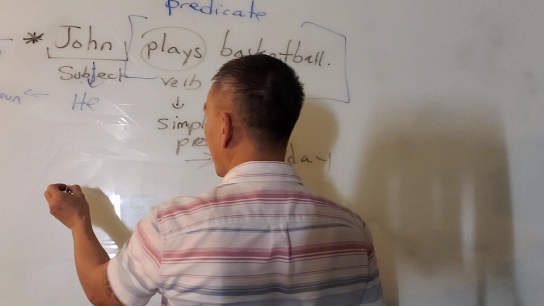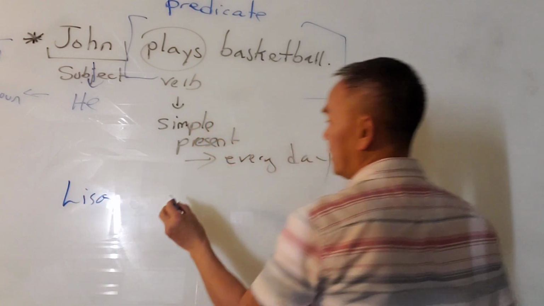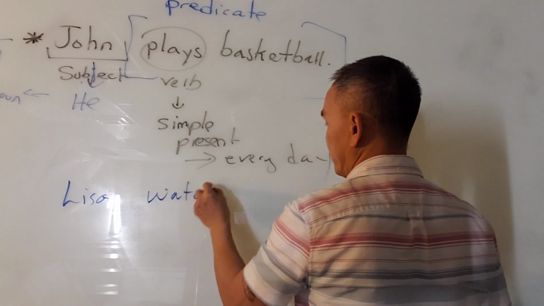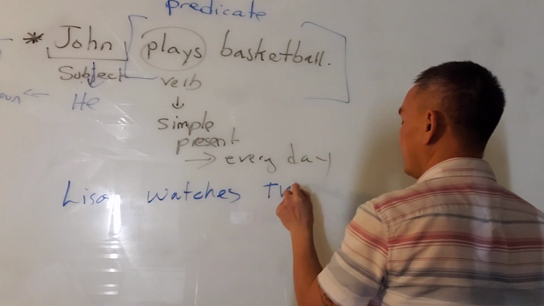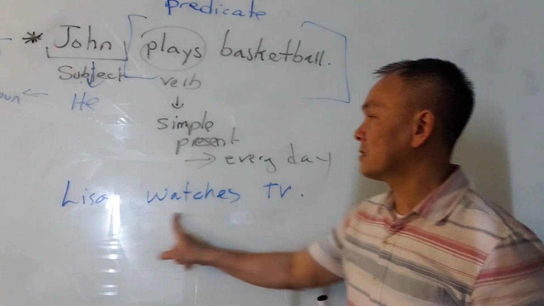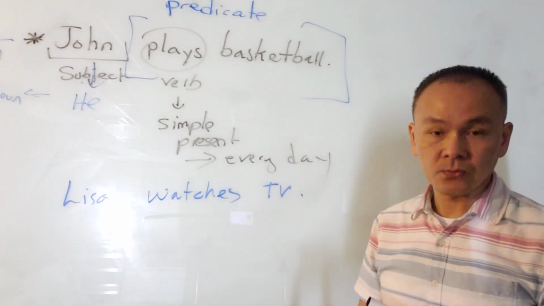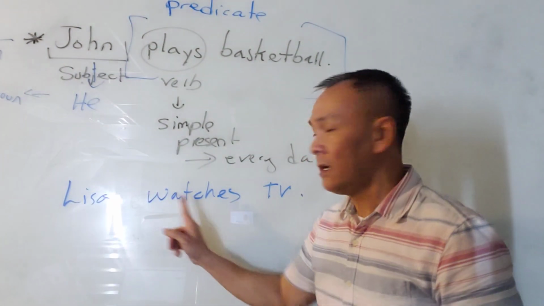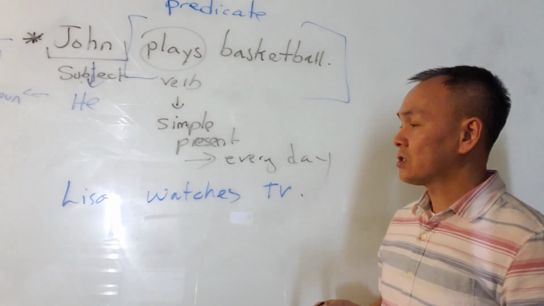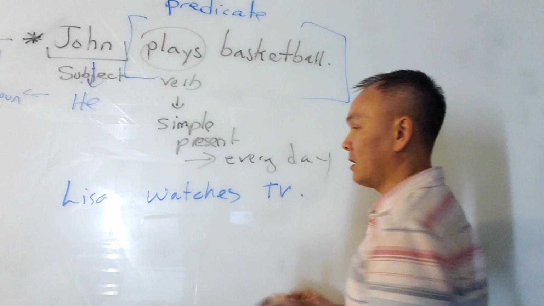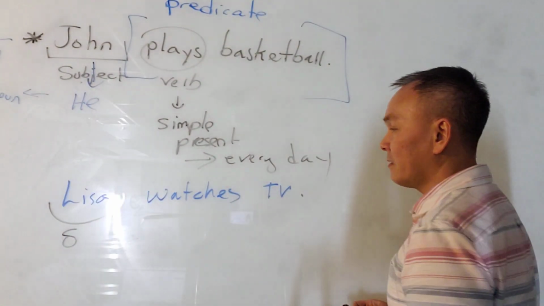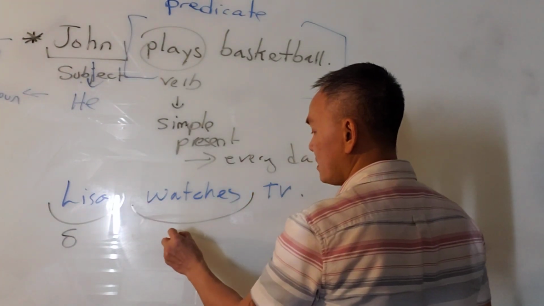Now let's say I say Lisa watch TV. In this sentence, what does Lisa do? Lisa watches television. Who is the subject? Of course, the subject is Lisa. And what is the verb? The verb is watch.